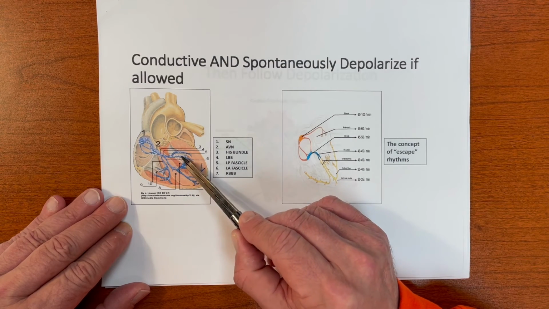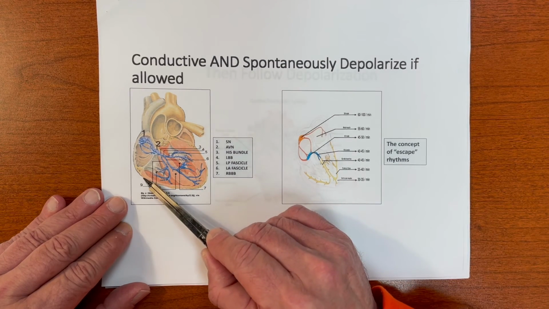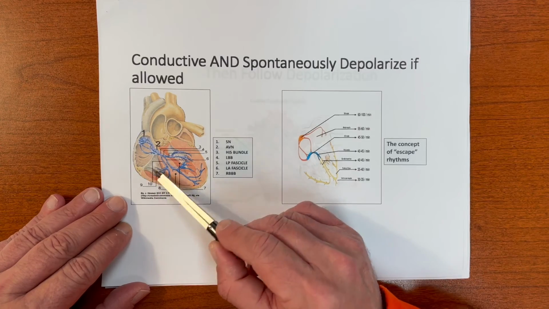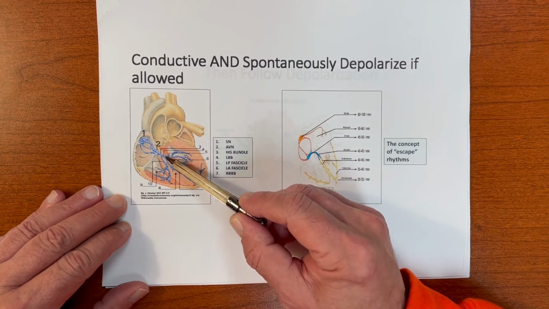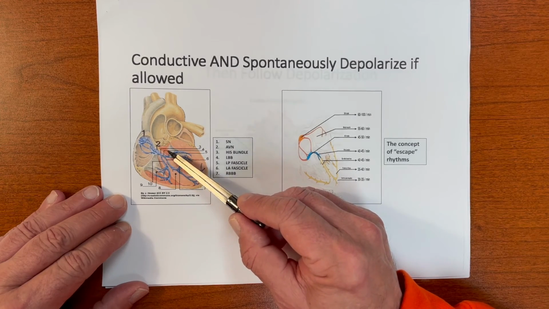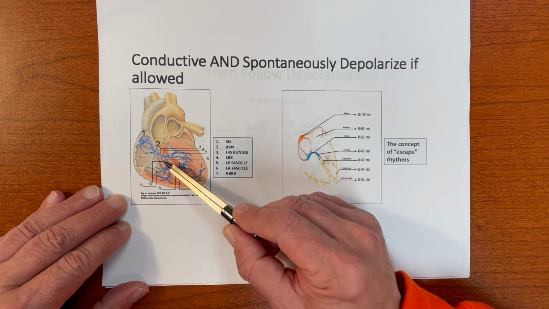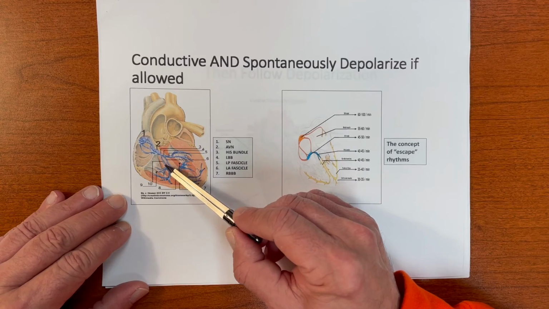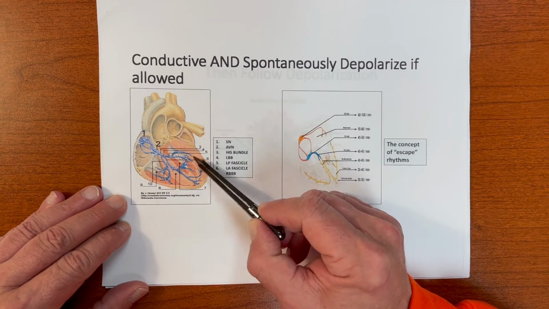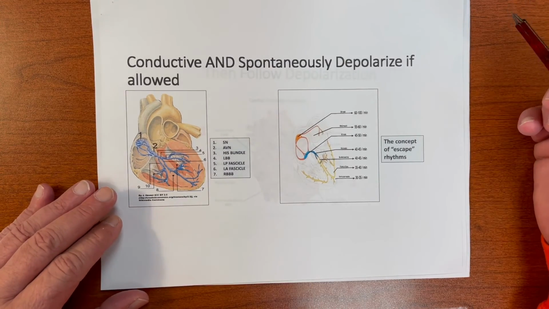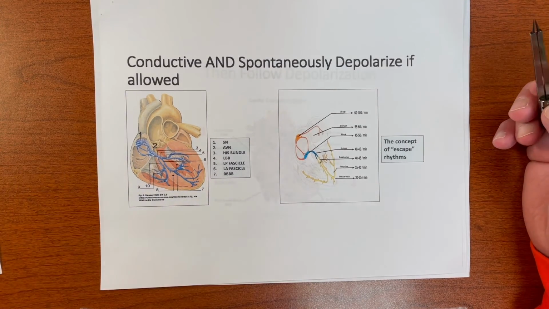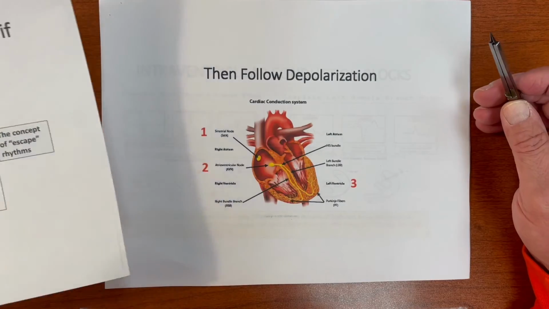So this impulse goes through here and then goes there, all right? Conversely, the same thing would happen the opposite way. If there was a block on the left side, the impulse would come down, stop, and all the left structures would get activated from this impulse coming down this way and then traveling into the ventricle. And so we'll go into the detail. This is not the place and the time to go through diagnostic criteria.